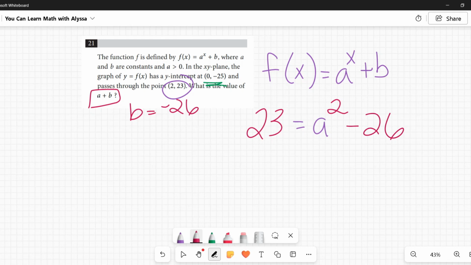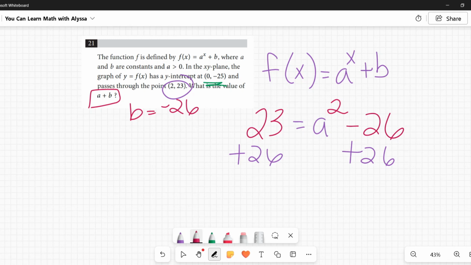All right, so I want to solve for a. I just have now a straightforward single variable equation. I want to undo what's been done to a. Since a has been squared and then 26 subtracted, I want to go backwards and undo that. I'm going to do the opposite by adding 26 to both sides. Always both sides with algebra to keep it nice and balanced.